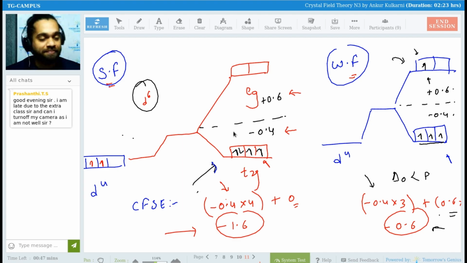Easy, no? Very good, Kevin. Kevin, which one? Minus 0.4 for strong field or weak field? Very good, Sindhuja. Nice. Everyone is giving the correct answer.